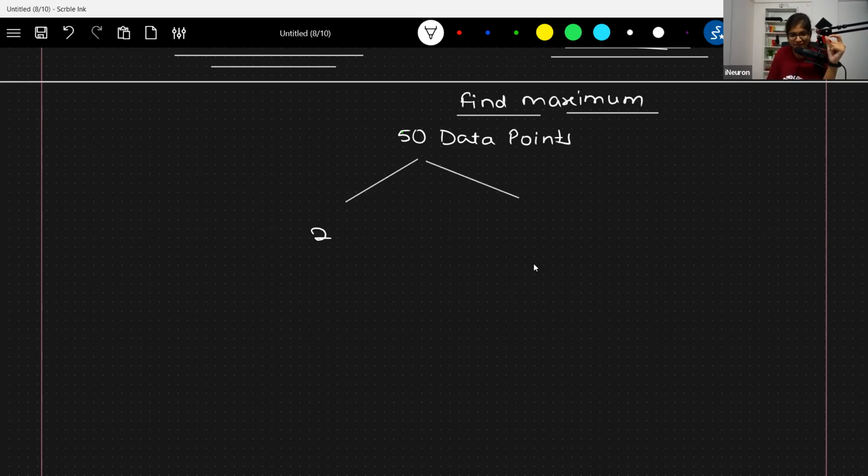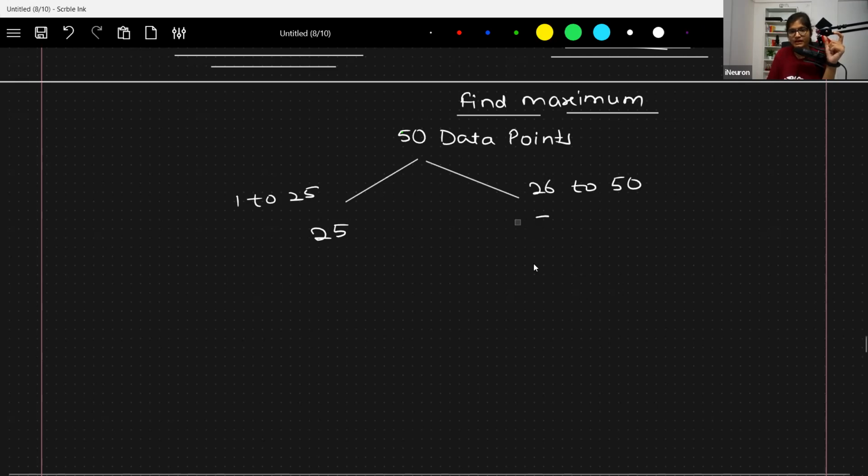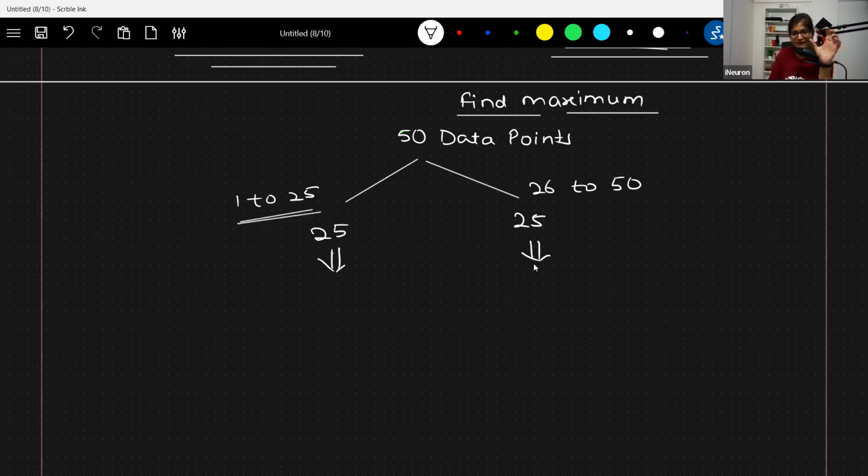One part of the function contains the first 25 numbers, 1 to 25. Another part contains 26 to 50. So here also you have 25 numbers. Now every part has the responsibility to find the maximum. Suppose in 1 to 25 the maximum number is 70, and here the maximum number is suppose 90.